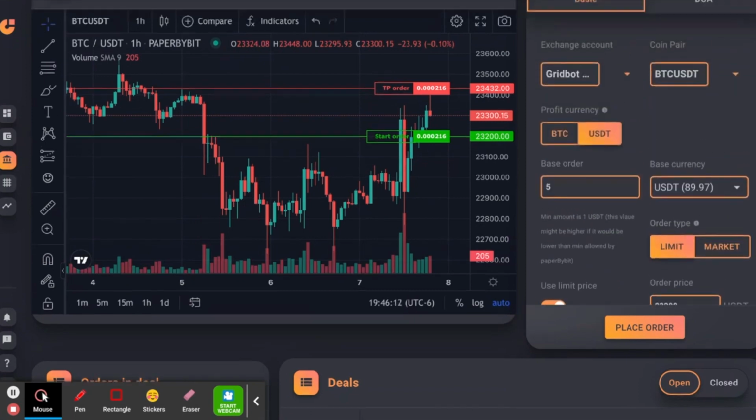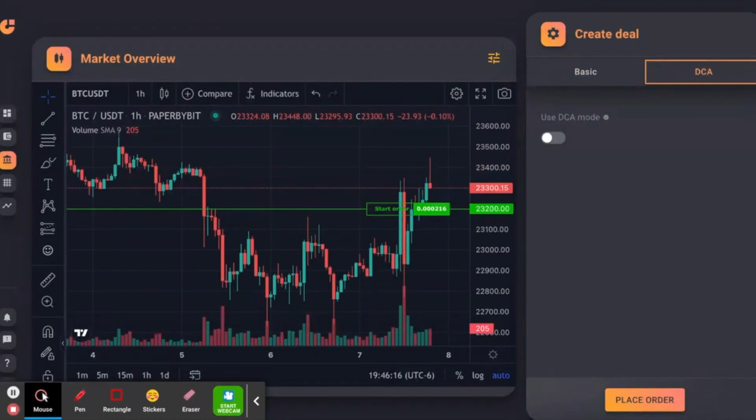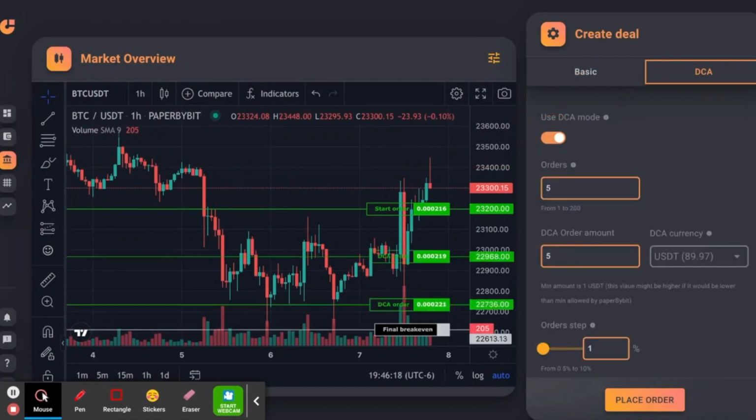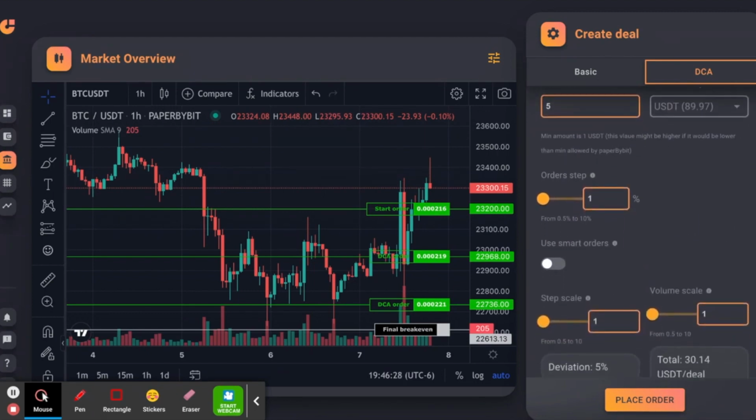Okay. Now, if I come up here and I want to do a DCA bot, okay, this is one of the excellent things that I think is so cool, because at this point you can set this all up on your own.